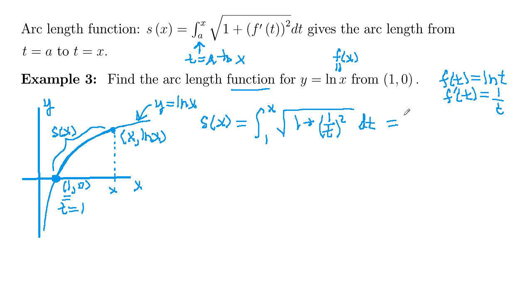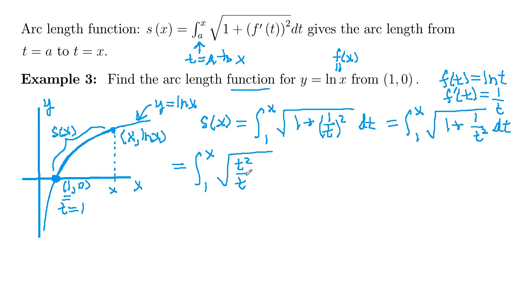Let's go ahead and simplify here. So integral 1 to x, square root, and this will be 1 plus 1 over t squared, dt. Then let's get a common denominator between these. So integral 1 to x, square root, we'll write this 1 as t squared over t squared, multiplying top and bottom by t squared.